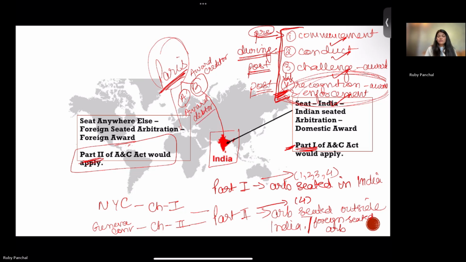Throughout their arbitration, commencement, conduct, and challenge, points 1, 2, and 3, would be governed by French law. However, this fourth point, which is recognition and enforcement of the award: now B is the award creditor and he has this award that resulted out of their arbitration against A. Now, A has assets in India.